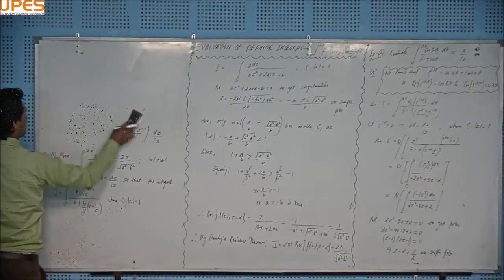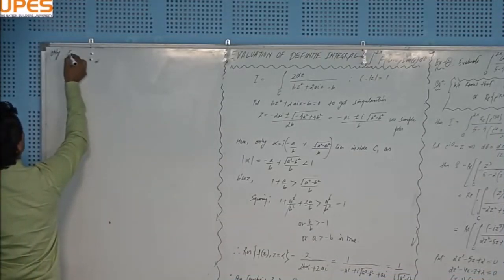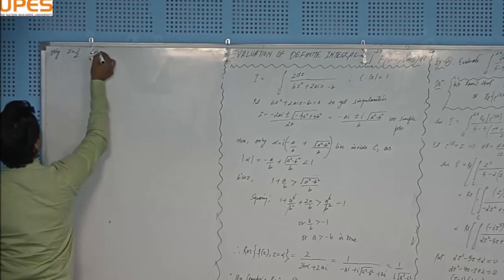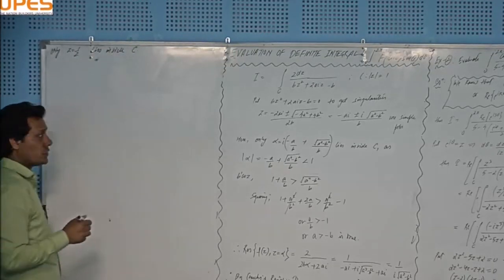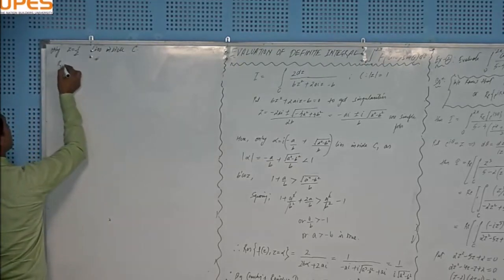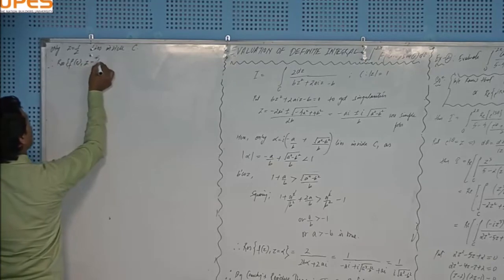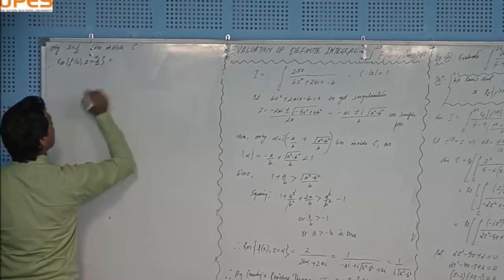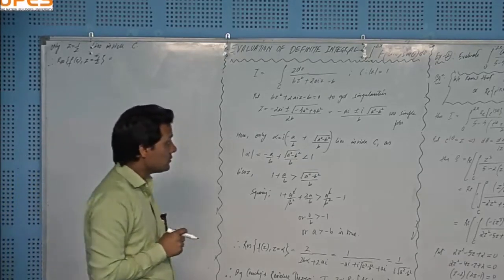Okay, before that I have to rub this. Only z equal to half lies inside C, right? So I will find residue at this point, a residue of function at z equal to half is equal to, since it is a simple pole, I will use that derivative formula.